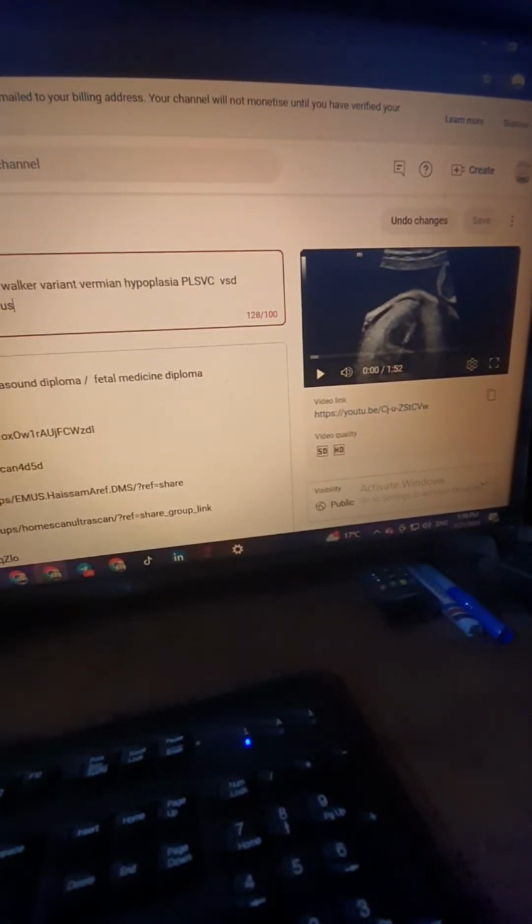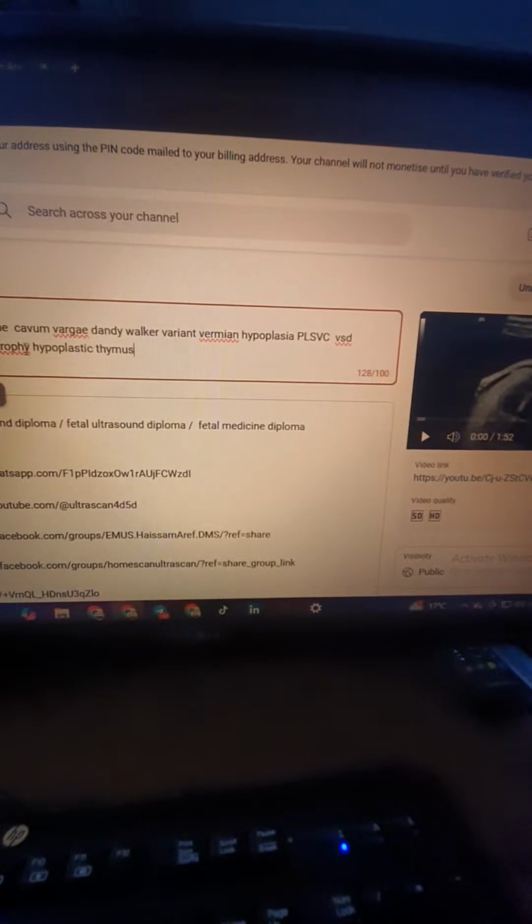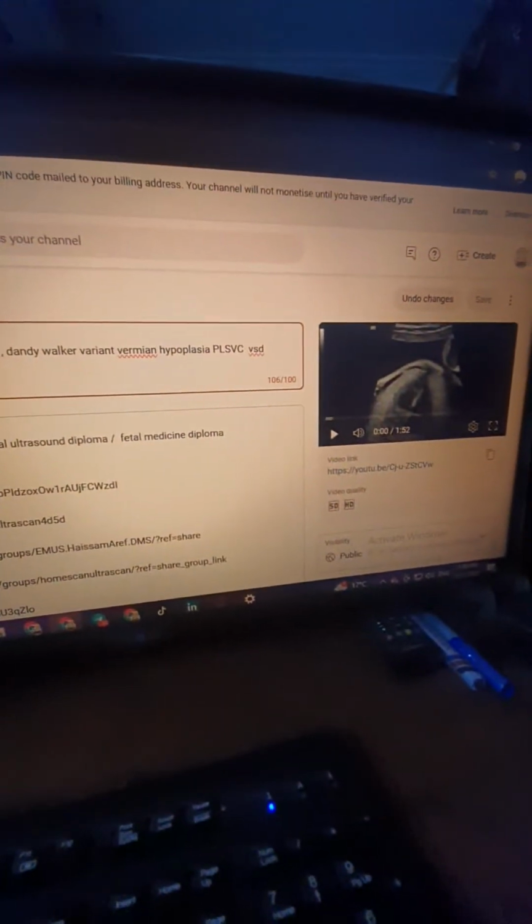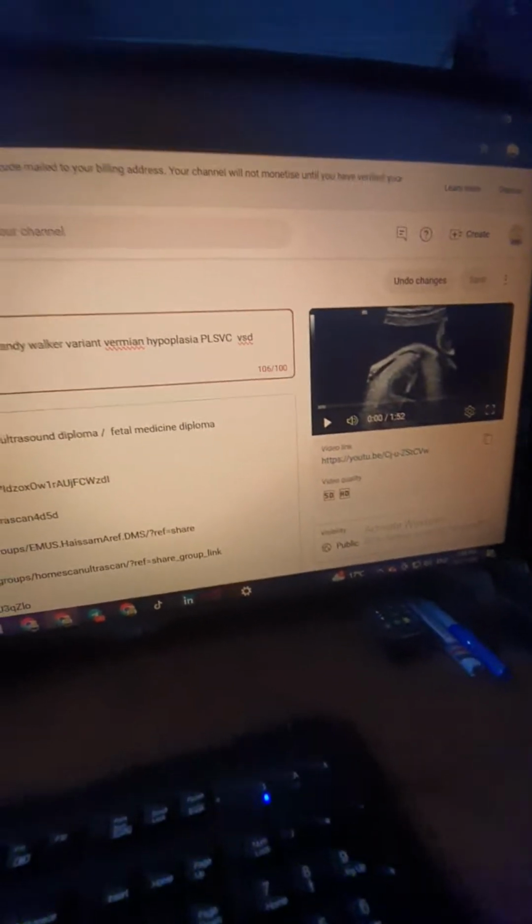DiGeorge syndrome, OB/GYN, Dandy-Walker variant, vermian hypoplasia, persistent hypoplastic thymus. We can remove the biventricular hypertrophy as a start. We can remove also the OB/GYN and the Dandy-Walker variant. I need to put commas here.